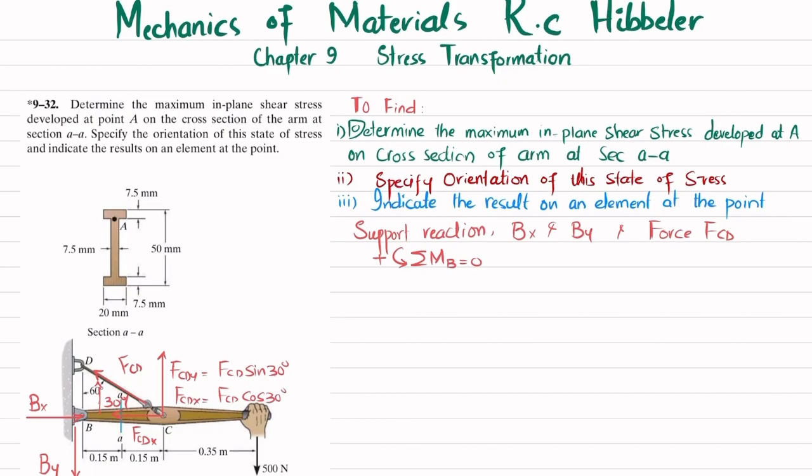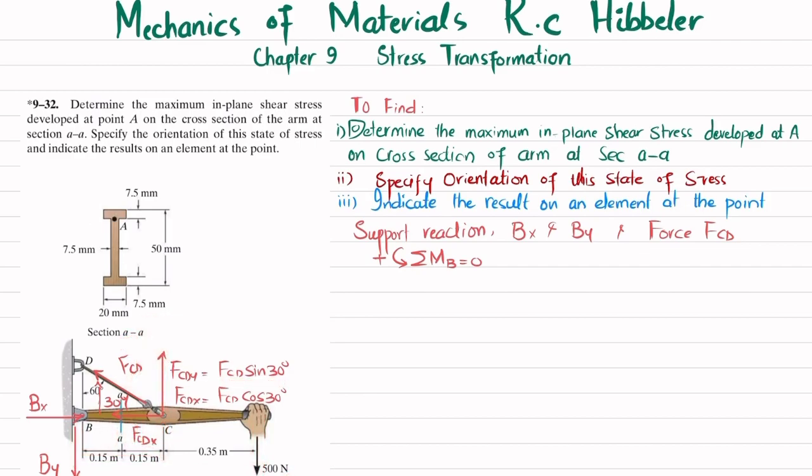You can see that this FCDX is passing through point B, so it is not producing any moment. The component FCD sine of 30 will produce moment because the perpendicular distance is 0.3, and it is producing counterclockwise moment, so it will be positive. The second moment about point B is this 500 with perpendicular distance 0.65, and it is negative, but their sum must be equal to 0.